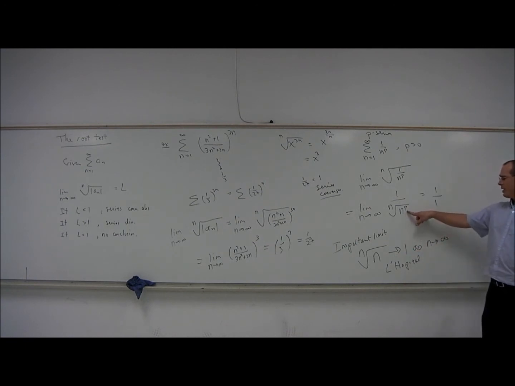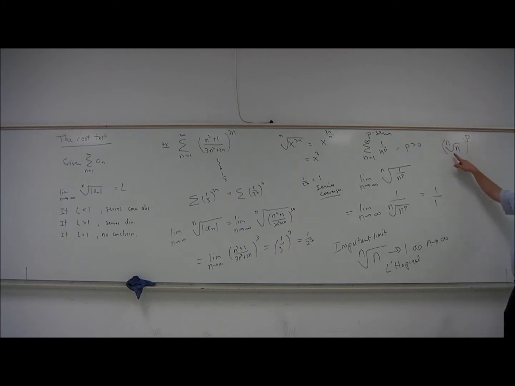And putting a power here doesn't change the value, because the nth root of n to the p could be rewritten as the nth root of n, quantity to the p. And if the nth root of n is going to 1, 1 to the p is 1. So our limit here is 1 over 1, which is 1, so we get no conclusion.